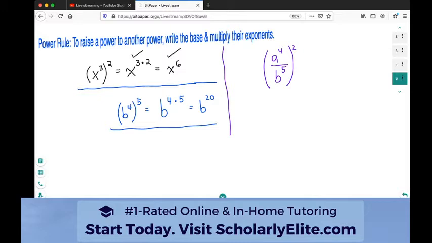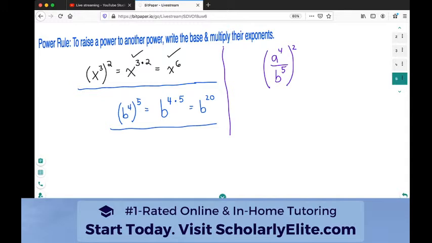So what I first need to do in this scenario is ask myself, is there anything I can do in the brackets? As I look inside the brackets, I see that I have two different bases. I have a and I also have b. Because they are different bases, there's nothing I can do. They cannot be divided by one another, at this point anyway, because we don't know what their numbers are.